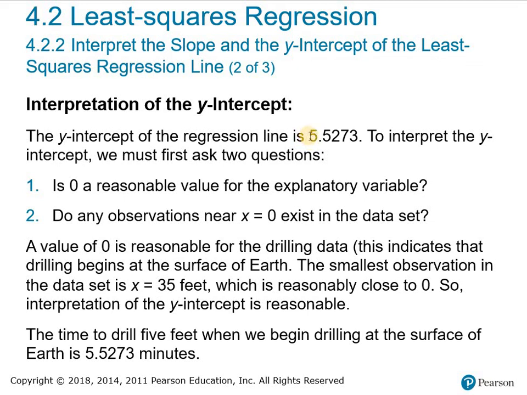We expect that drilling 5 feet from the surface of the earth takes 5.5273 minutes. And that is how we're going to interpret the y-intercept based on the context of the question itself. Now, be careful when you interpret the y-intercept, because not always are you going to see a nice interpretation. Sometimes it doesn't make any sense at all to interpret the y-intercept. So keep that in mind.